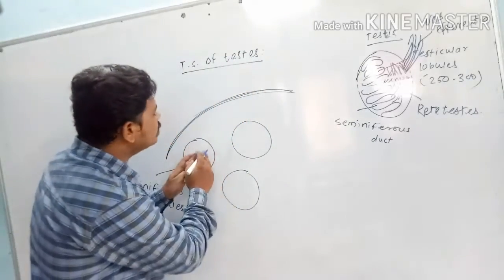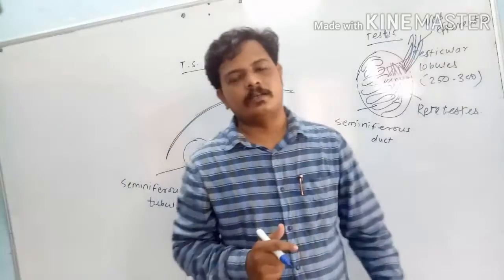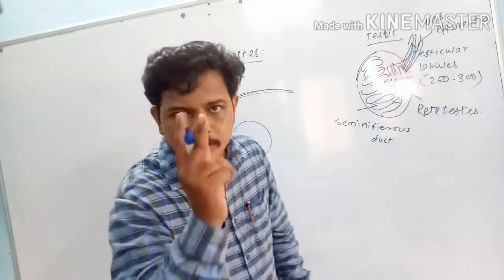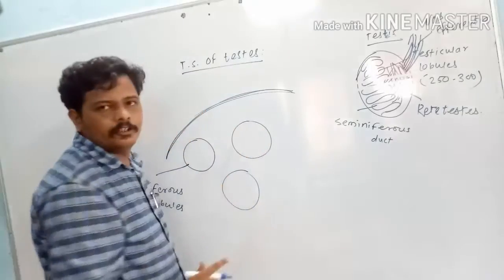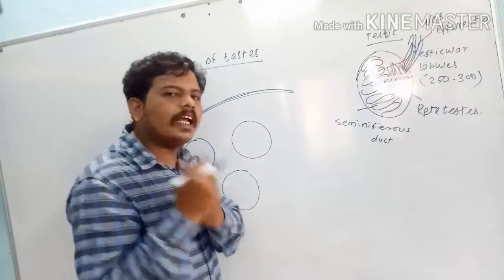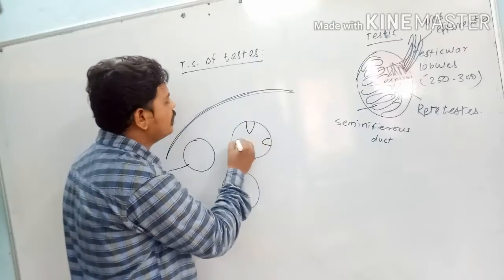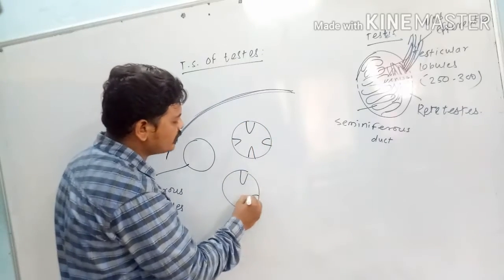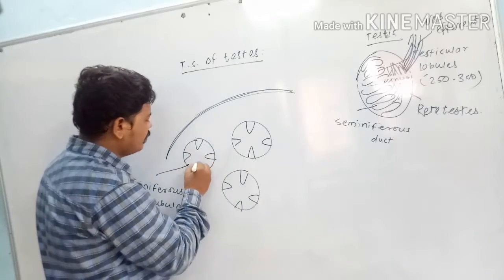Okay. Now inside the seminiferous tubule, there are two types of cells present. Among these two types of cells, a few are large pyramid-shaped cells, like this.